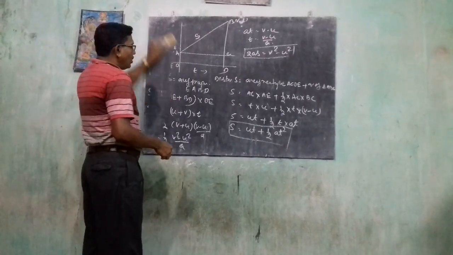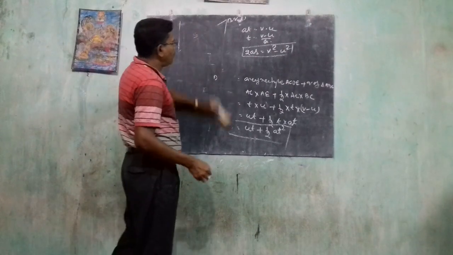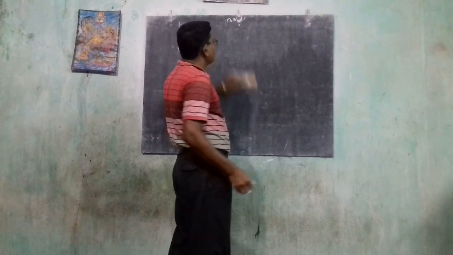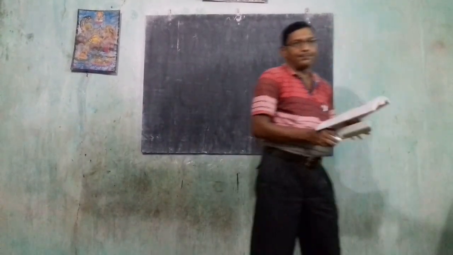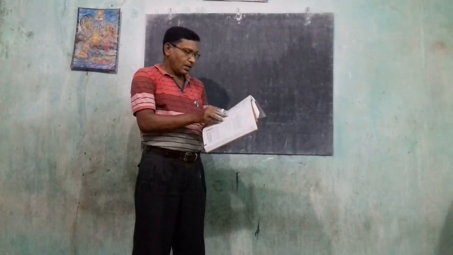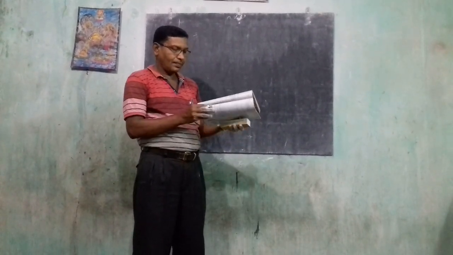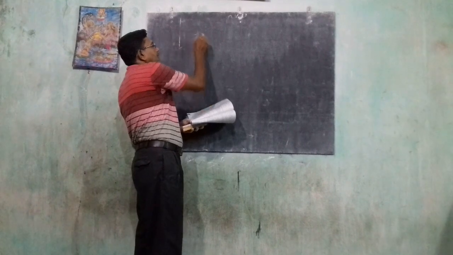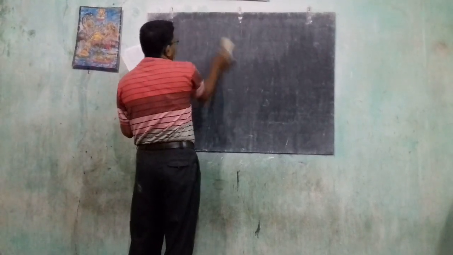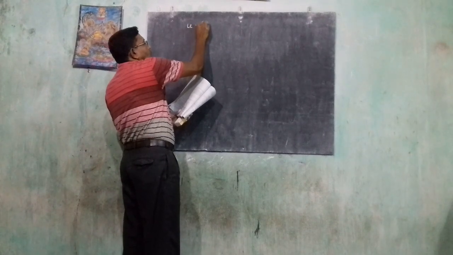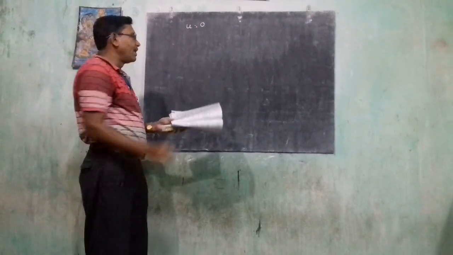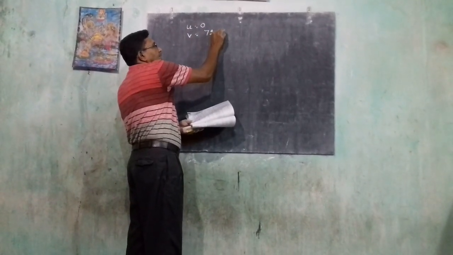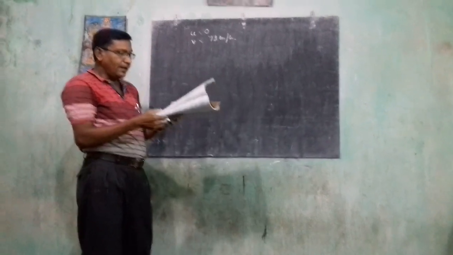Now we study some numerical problems. By these three equations of motion, we take some example problems. The first problem given here: a train starting from rest, which means its initial velocity u equals 0, attains a final velocity v equal to 72 km per hour in 5 seconds.